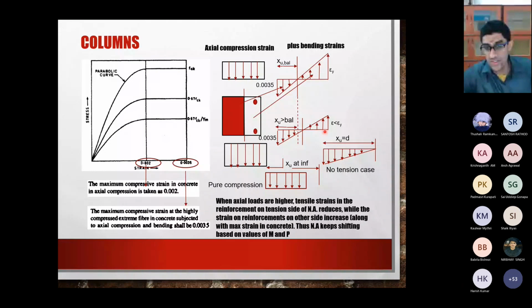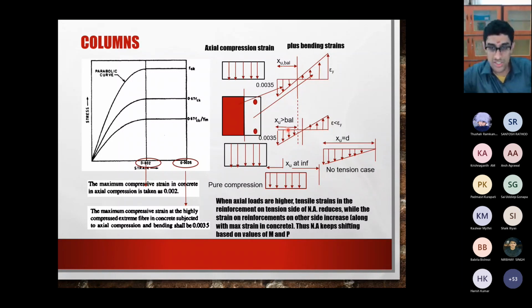So when this happens, the compressive part, this part of the double triangle, is becoming larger and larger because this is becoming larger, and this is becoming smaller and smaller. What was the neutral axis at this particular location keeps moving to this side.